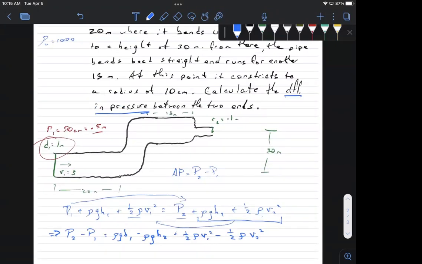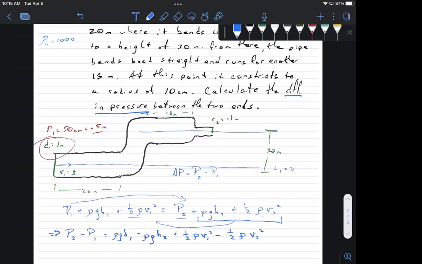H1. Well, do I know H1 and H2? I'm told that wherever the pipe was initially, it rises up by 30 meters. And I'm going to use the little trick that the lowest part of my pipe system is always going to be called the 0 point. So down here, the low part, I'll call H1 is 0.